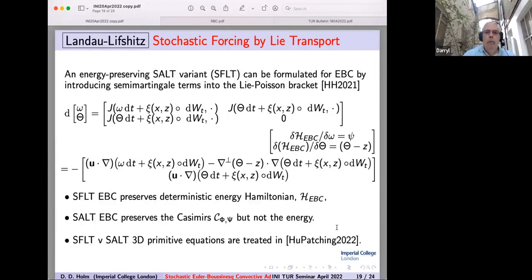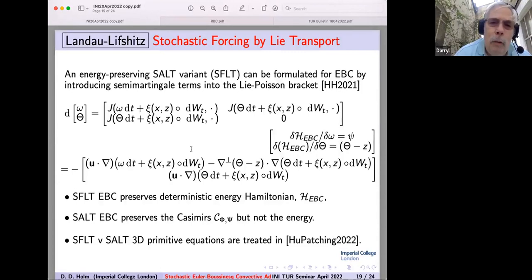Okay, now what about forcing? Stochastic forcing by Lie transport is what we call the method that you get from this Lagrange-d'Alembert approach. I'm not going to talk about that so much, but this is an idea of Rio, who is my PhD student right now.